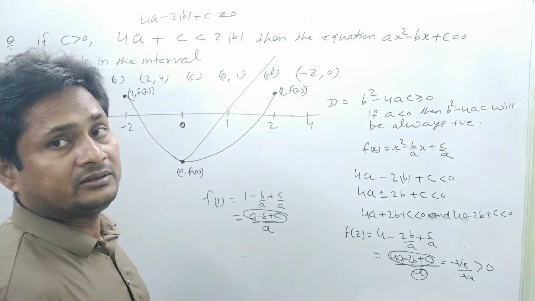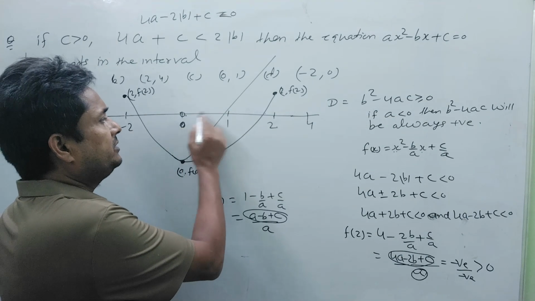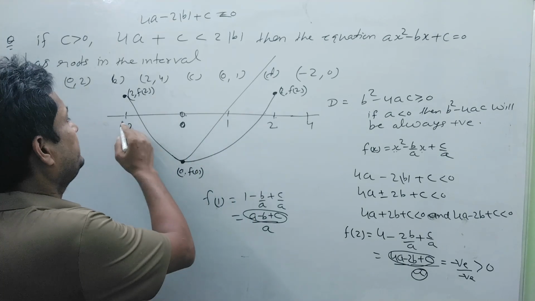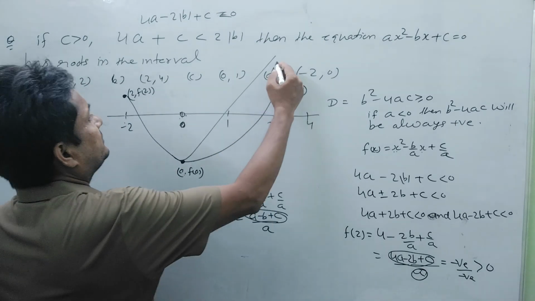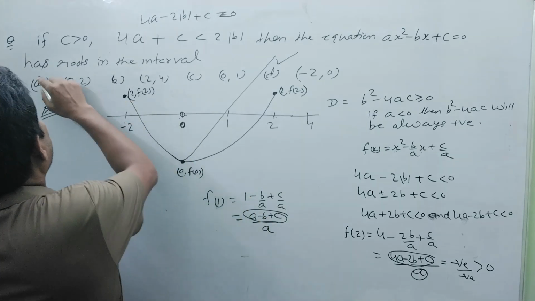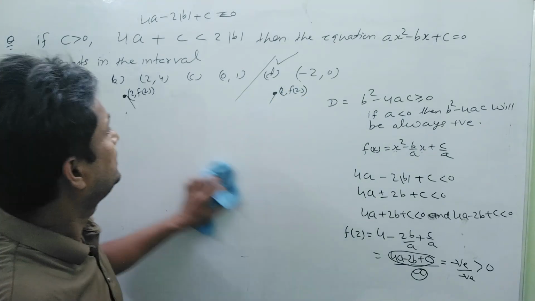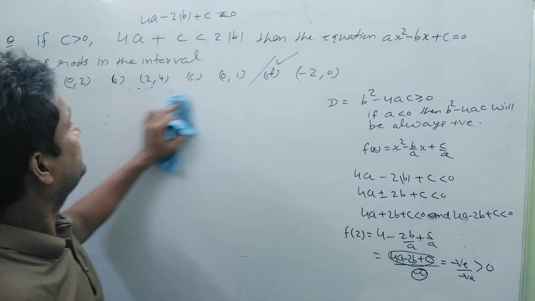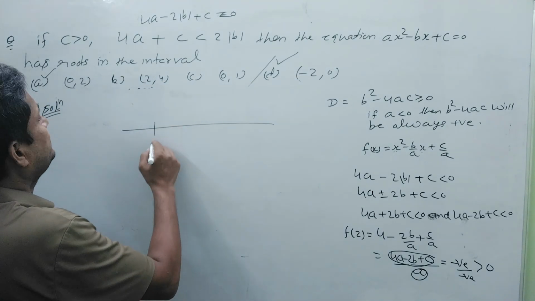That means definitely what can be said, one root will be in 0 to 2 and the other root will be in minus 2 to 2. Definitely we can say. So this answer is correct and this answer is correct. We cannot say, find out the value of, what was this one?